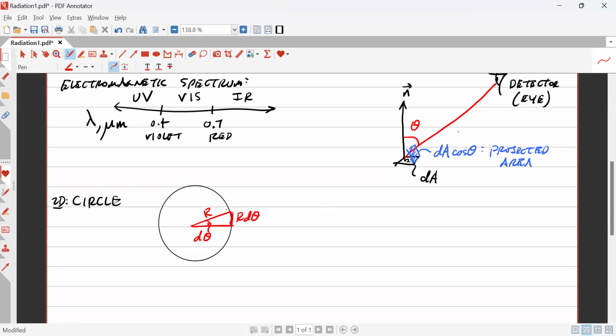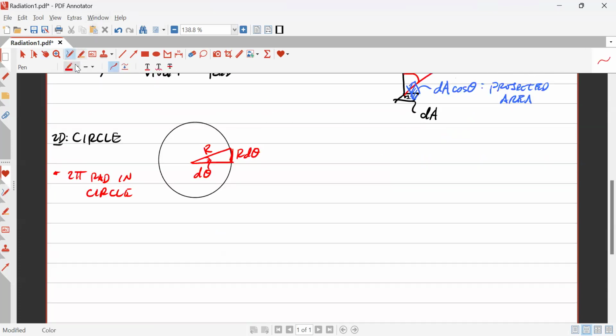If you integrate r d theta over all of theta, what you get is 2 pi radians in an entire circle. And that's simple enough to do. You just integrate d theta from 0 to 2 pi and you get 2 pi. So in the 3D case, we're going to look at a hemisphere.